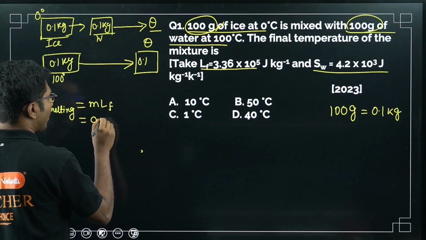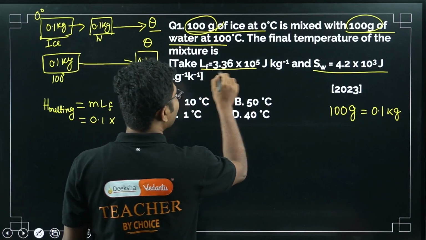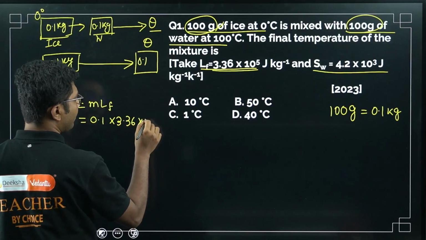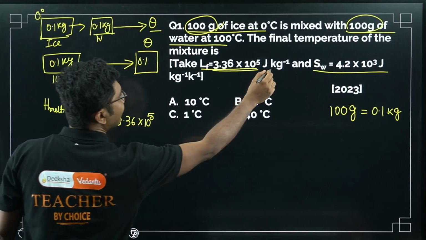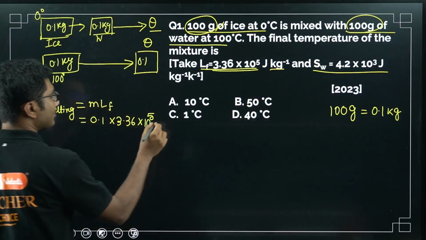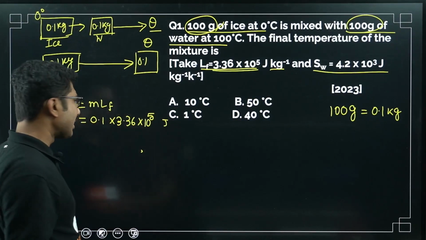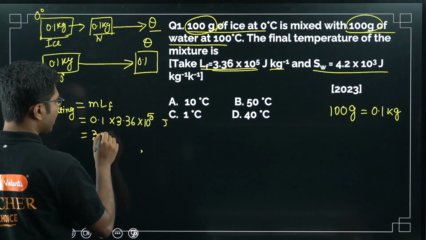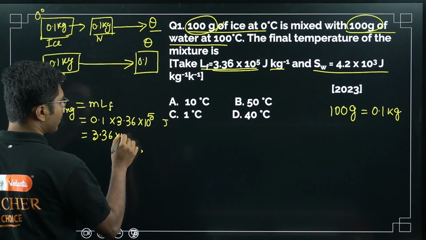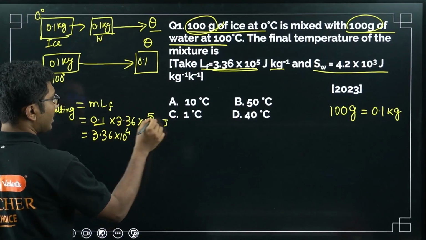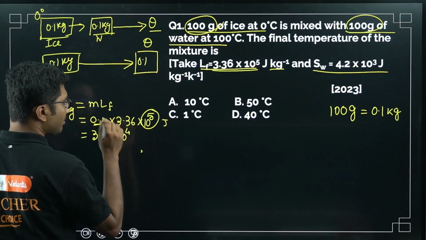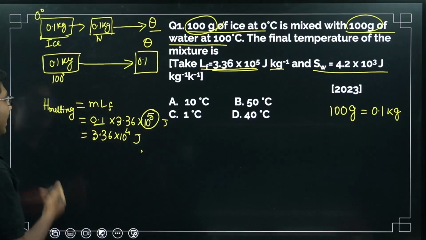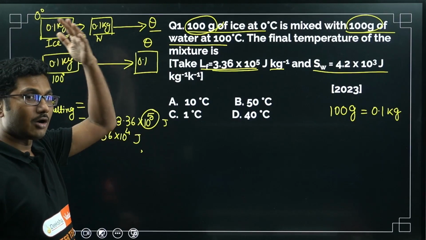M is 0.1 kilogram and LF is given here as 3.36 times 10 to the power of 5. We have already taken care of kilograms, so we can say this is in joules. Unit is not important since we are just doing the values. So 3.36 times 10 to the power of 5 times 0.1 is reduced by 1, so it is 3.36 times 10 to the power of 4 joules, right? So for melting of ice, we have calculated how much heat is required.